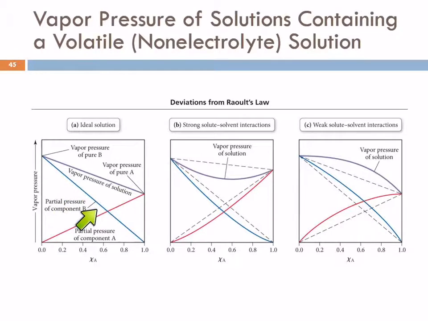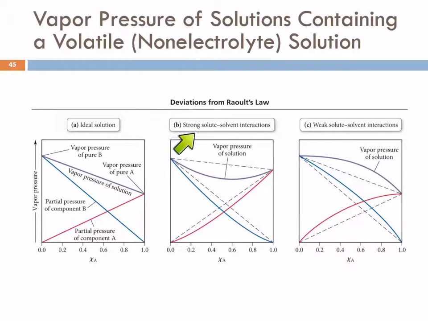The partial pressure of B is in blue. When the mole fraction of A is 0, the mole fraction of B is 1, and so its vapor pressure is equal to the pure vapor pressure. And it decreases linearly to 0. For a mixture, you just add the two vapor pressures, and we also get a straight line. That's an ideal solution.